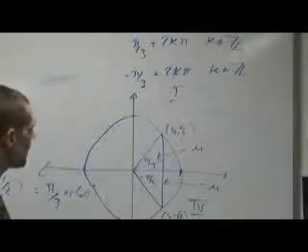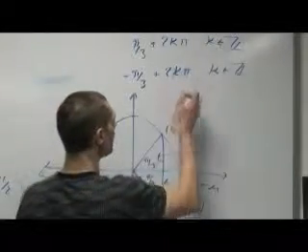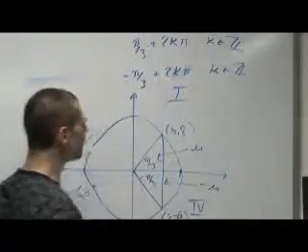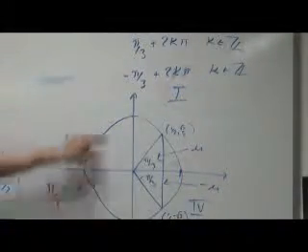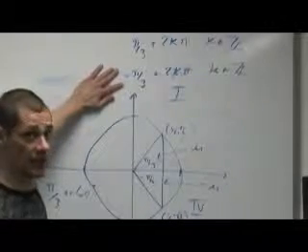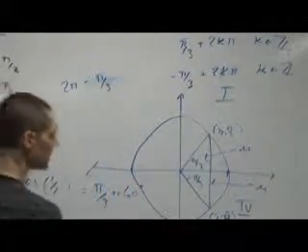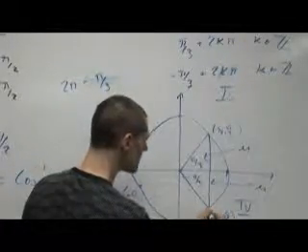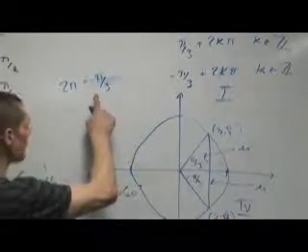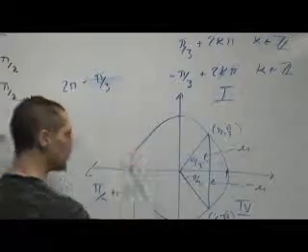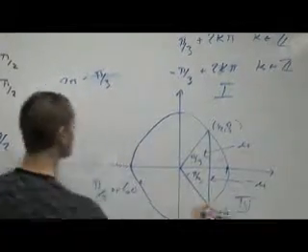Now, depending on who your instructor is, as I said, some people don't like you writing this in terms of this and would prefer this to be written in terms of positive coordinates. So what is this? This is 2 pi minus pi over 3, because we went all the way around 2 pi, but then subtracted pi over 3.